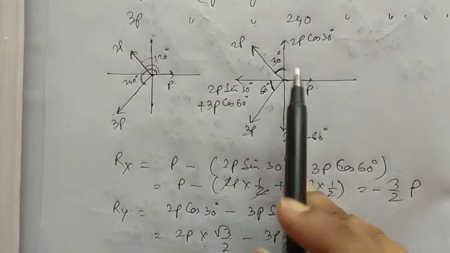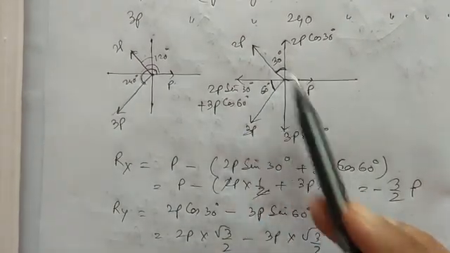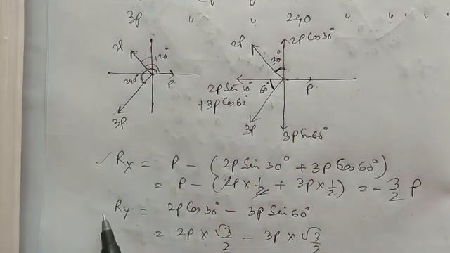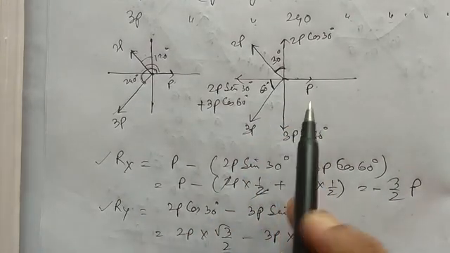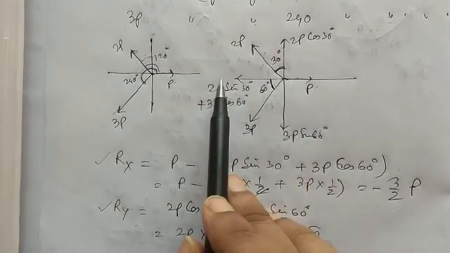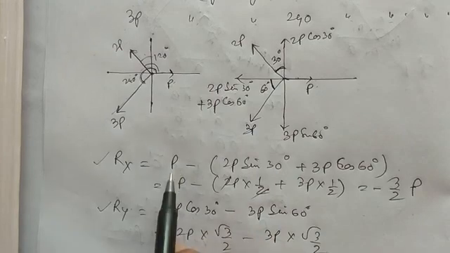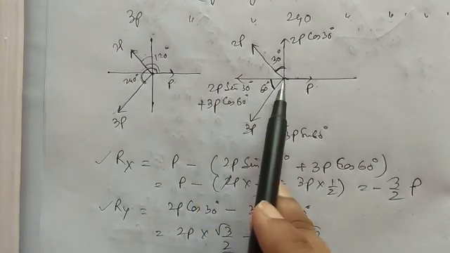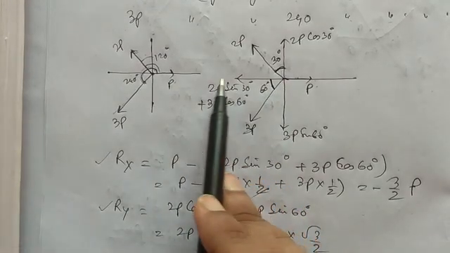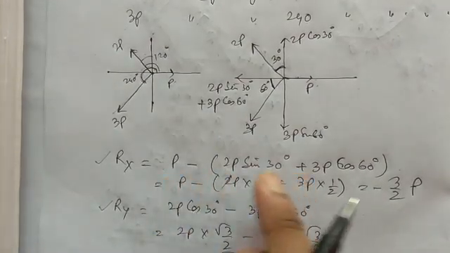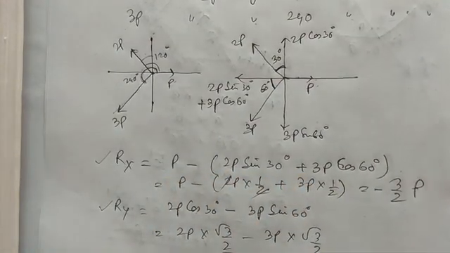Now after breaking this up into all the components, we have to find the resultant, one along the x-axis and another along the y-axis. The vectors along the x-axis are P in the positive x direction, that is plus P, and all the vectors directed towards the negative axis, we put in a bracket and subtract according to the directions.